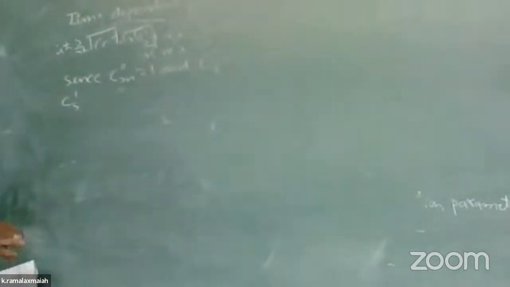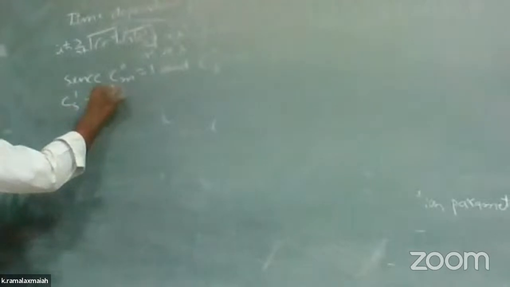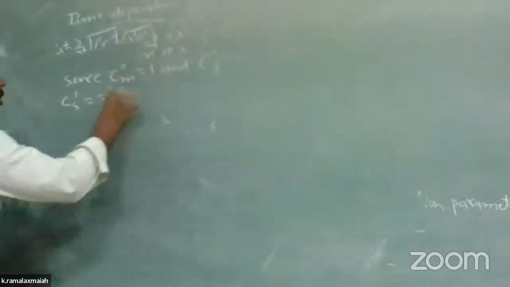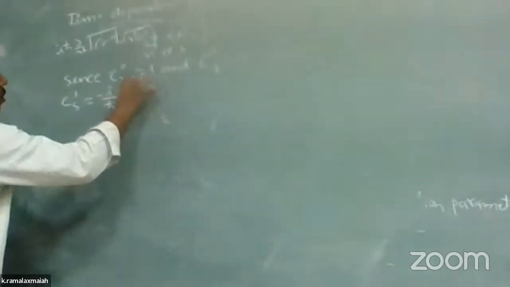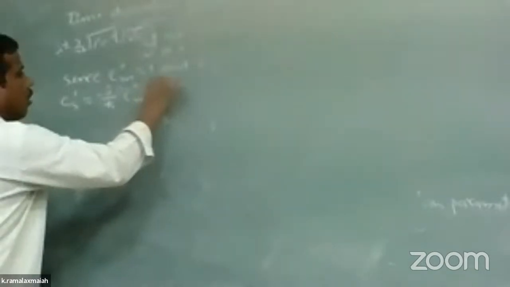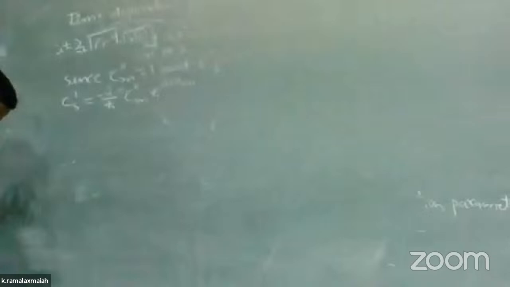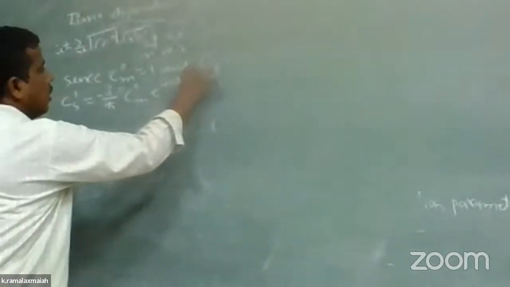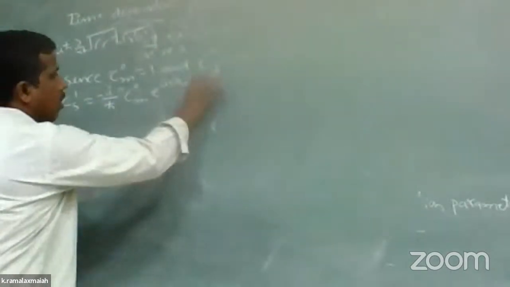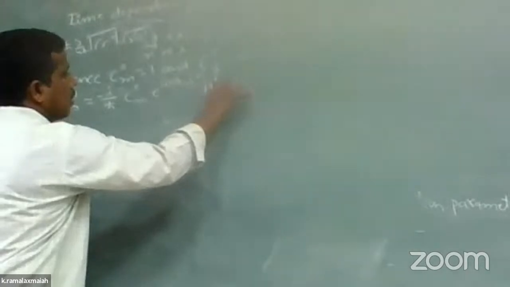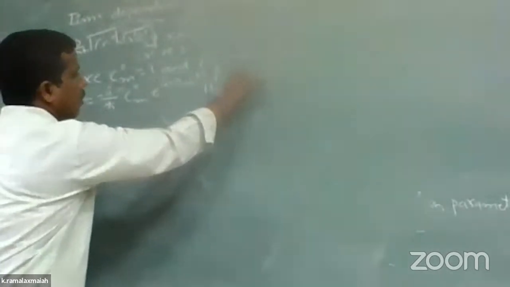C_s' is equal to minus i/ħ C_m(0) e^(iω_sm t) H'_sm dt.